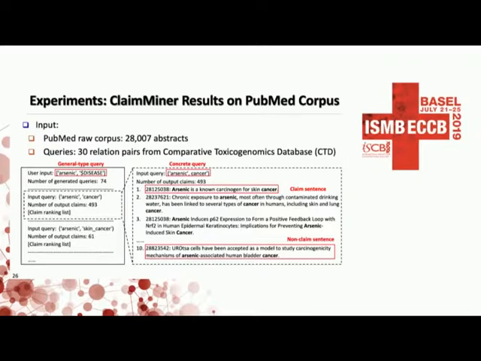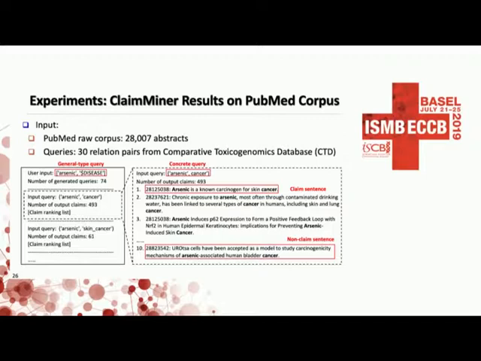The interesting one is that the left-hand side is what we call general typed query matching. The right-hand side is concrete query matching. What's the difference? The general typed query means that if you do not know what disease, for example, you say arsenic, but you do not know what disease it may cause, you just give a general one.